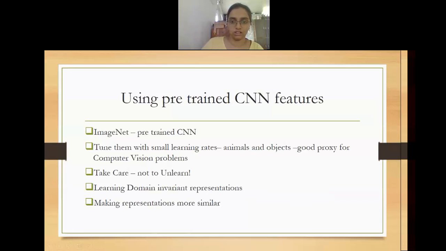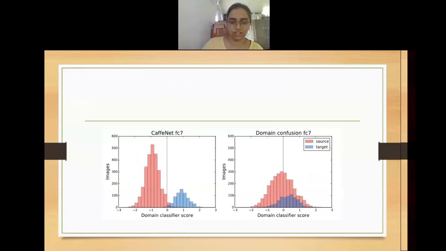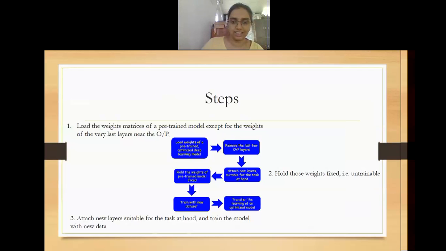Let me skip a few of these. So these are the steps. You will load the weights of the pre-trained model, remove the few output layers, attach new layers, hold the weights, then train with the new data set. For example, if it's radiology images, you just feed whatever data you have, because the model is already there.